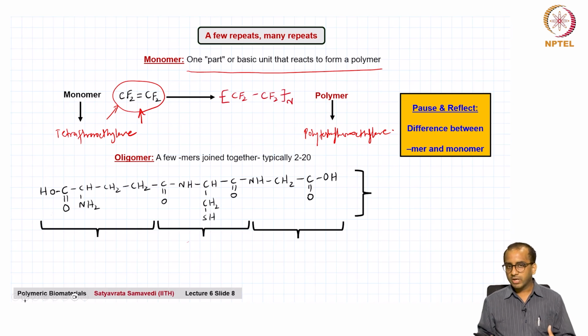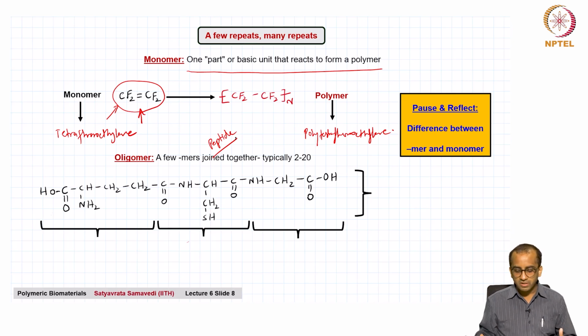You will hear this quite often in the context of amino acids, which form the monomers for polypeptides or proteins, and there you can have something called a peptide, which is sort of the biological analog of an oligomer, where it is a short chain sequence of amino acids, perhaps 20, which is much smaller than a protein, but still has units of monomers joined together.